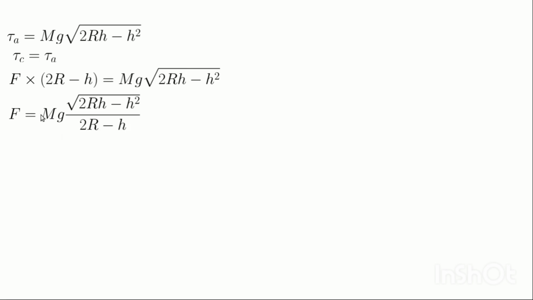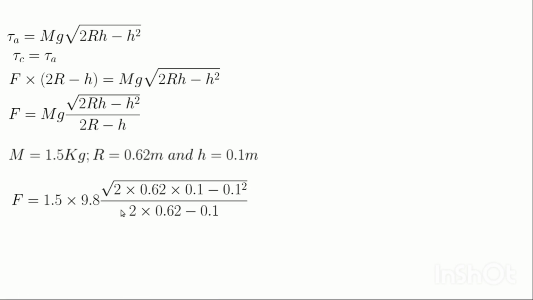If the value of M, the value of R, and the value of H are given, just like in the previous video, we have something of this form: M equal to 1.5, R equal to 0.62, H equal to this. What will be the value of F? If we plug in all the parameters, we get F equal to 4.35.